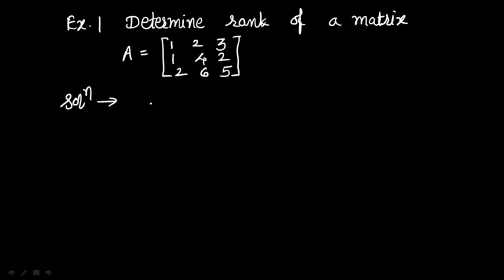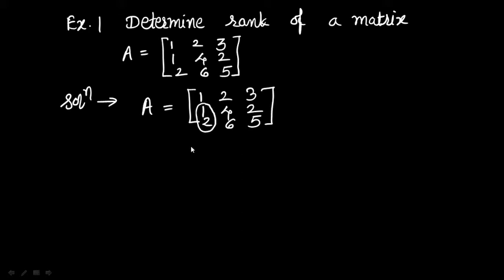For this we consider the given matrix A equal to 1, 2, 3, 1, 4, 2, and 2, 6, 5. Now by using row operations we form 0 in the first column by using R1.